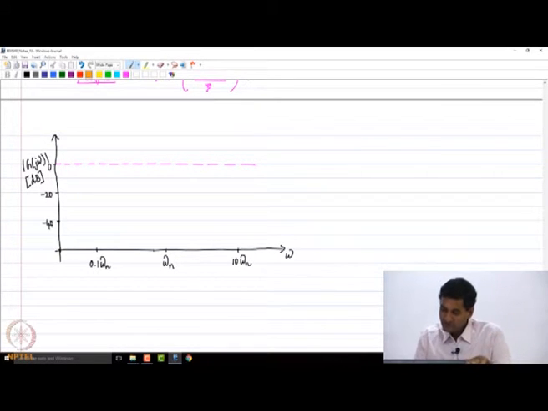So at omega equals omega n, the high frequency asymptote value will be 0. At omega equals 10 times omega n, what should be its value? Minus 40, right? Because in one decade it decreases by 40. So the high frequency asymptote is going to be something like this.